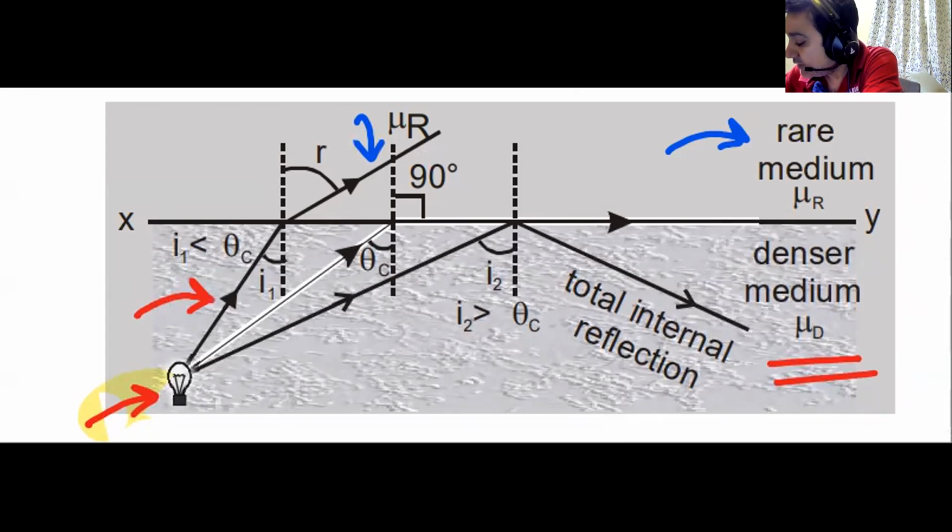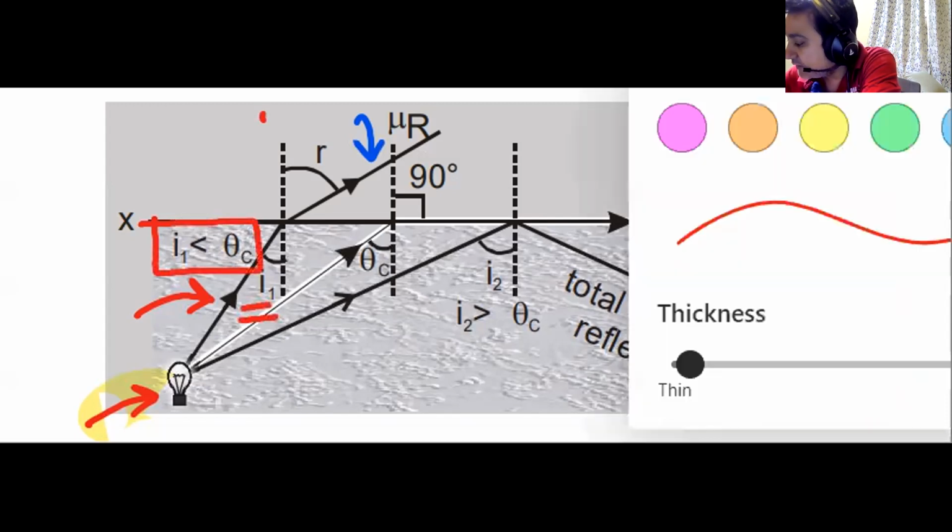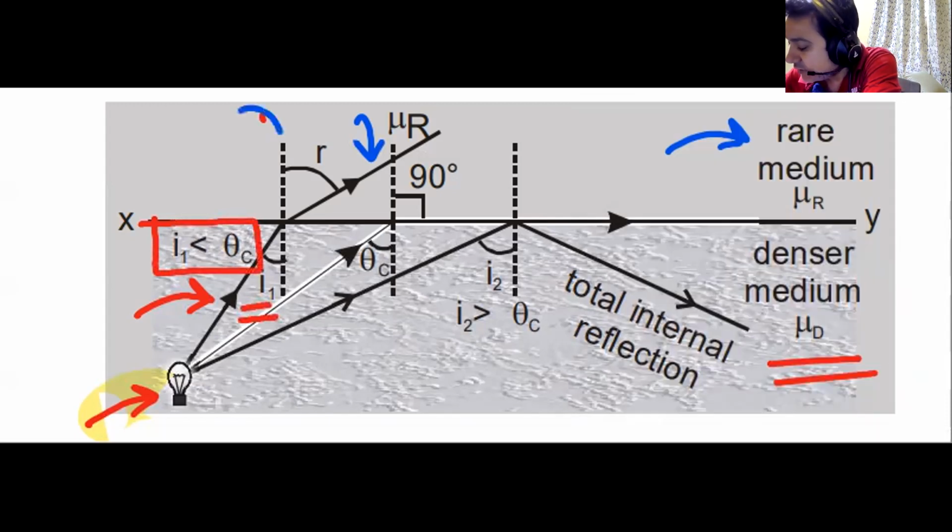Here, as you can see, the angle of incidence is less than the critical angle. This is the angle of incidence. Upar wala is the angle of refraction. Angle of incidence is less than the critical angle. So what is happening is that you are seeing light traveling from one medium to the other medium. Light is getting refracted. Can I have raised hands from everyone that we understand this? Okay.